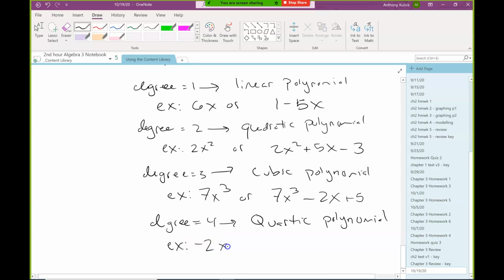And that's as far as I would worry about you guys knowing the special names for. Anything with a bigger degree than this, we'll just kind of name by its degree.